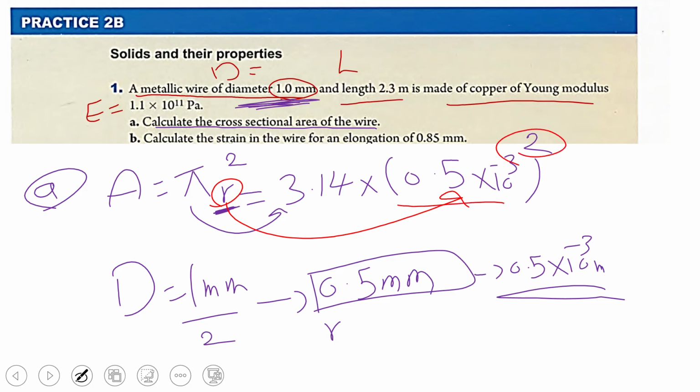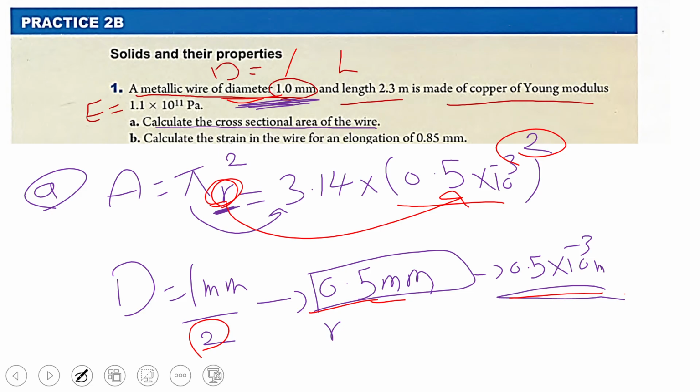How do we know it is 0.5? The expression is given as 1 millimeter, it's diameter, but the rule uses radius. So convert diameter to radius by dividing by 2, so 1 divided by 2 is 0.5. But it's millimeter, convert to meter by multiplying by 10 power negative 3.